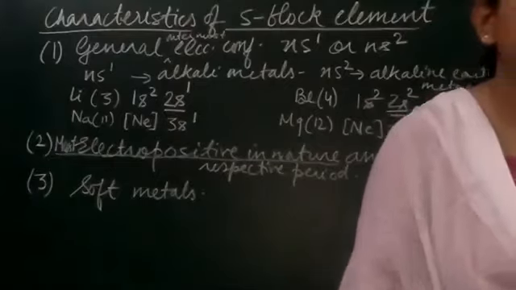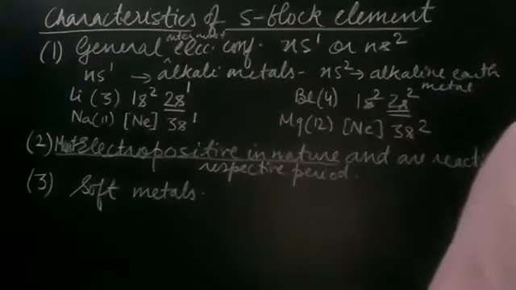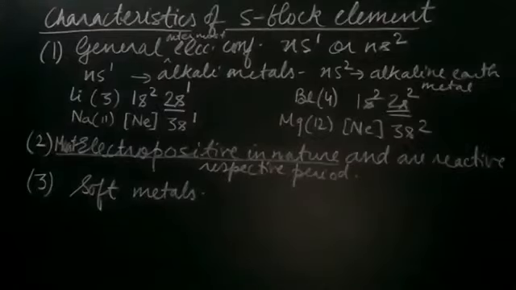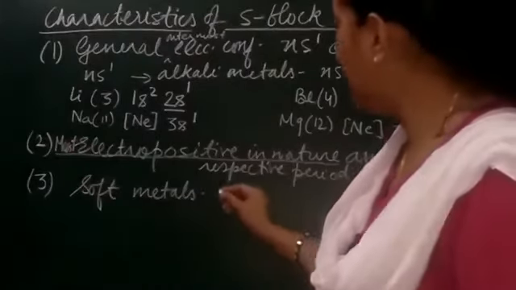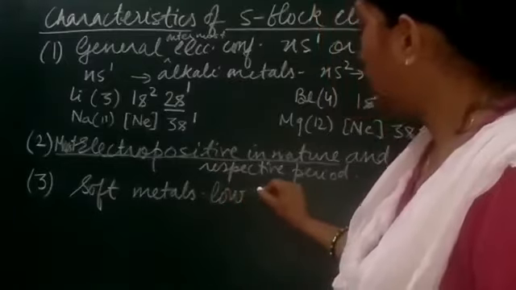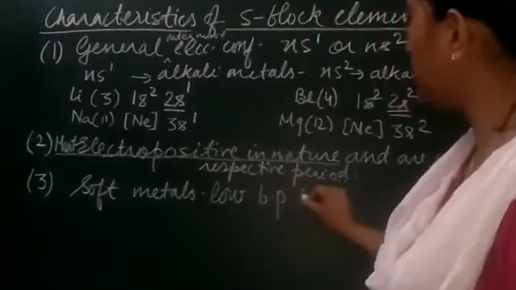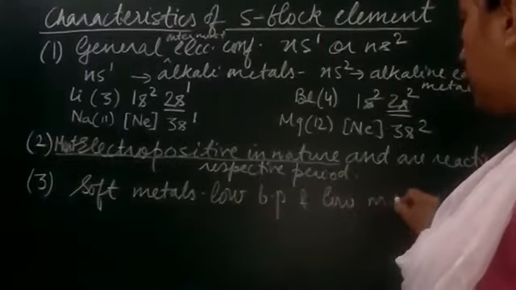Now just think about the melting point and the boiling point of these alkali metals. Will the melting point and boiling point be high or low? Since they are soft metals, they will have a low boiling point and low melting point.